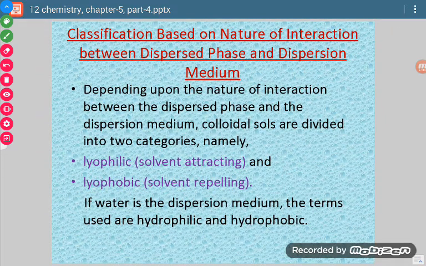Now on the basis of interaction between dispersed phase and dispersion medium, that is, which type of attractive forces are there, we can divide colloids into 2 categories. One category is lyophilic and another category is lyophobic. Lyophilic are also called solvent attracting. Philic means attracting, phobic means hating.